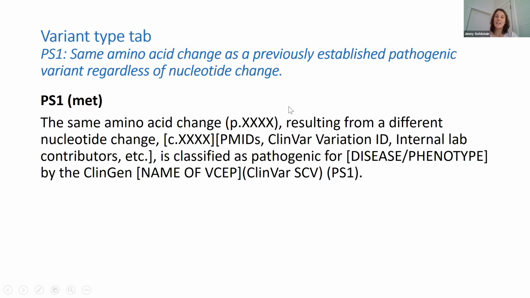So in that situation, you would want your expert panel to have already classified that other variant. And in that situation, you can include the ClinVar SCV, which is the submission number to ClinVar that your expert panel used for that other variant. So try to include this information if it is possible. Of course, maybe that variant hasn't yet been submitted to ClinVar, but if it is available, just include that SCV as well, so that as much information as possible is available to any user of the data.